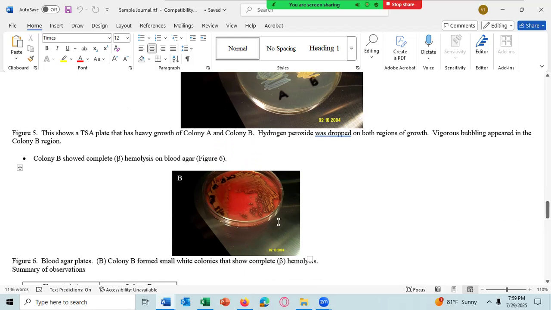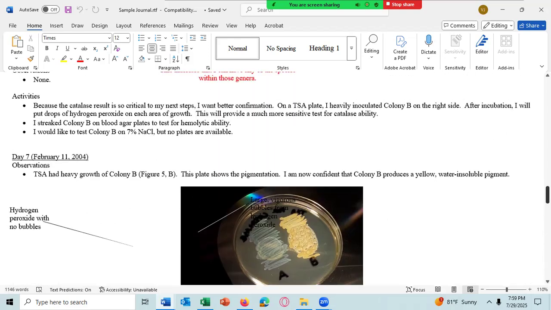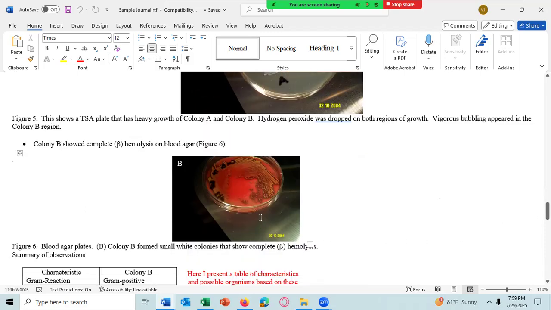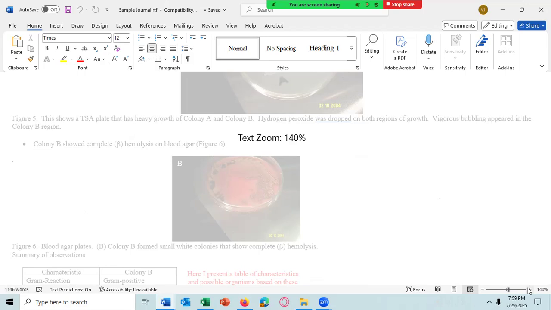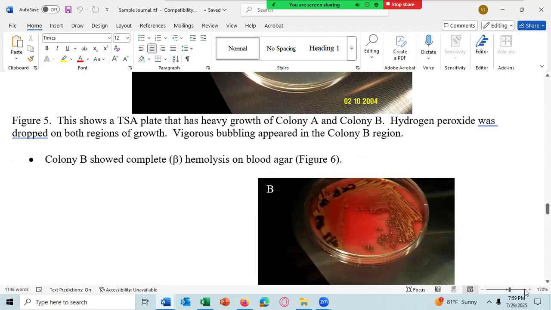Apparently on another day, he asked for the blood agar, and he's got the results here. Is that under observations? Yes. And he's seeing, let me blow that up, the blood agar here, and around the growth, we have a region of beta hemolysis.